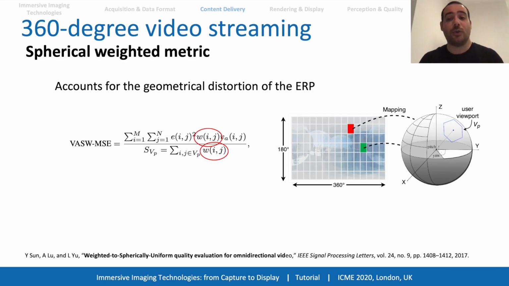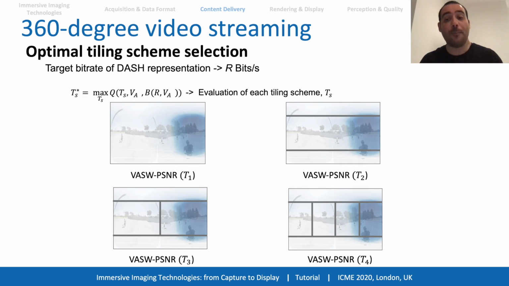We should also take plane to sphere distortion into account in our formulation. Using the formulated visual attention spherical weighted mean square error, we can determine the optimal tiling scheme at a given target bitrate.